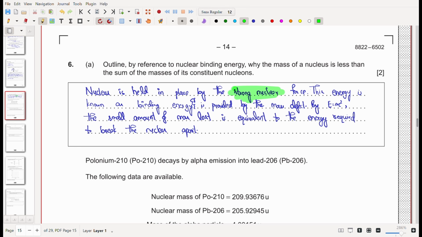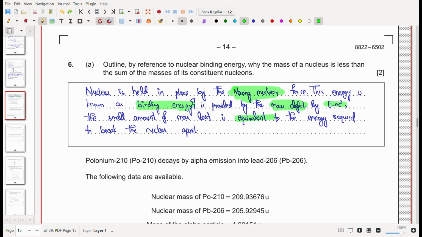Next, we are mentioning exactly what this is. It is called binding energy, and it's provided by what we call the mass defect. Now, the key point here is the equivalence of mass and energy, saying that the mass is different because of this binding energy. So, using this formula, E is equal to mc squared, the small amount of mass is lost, and that is equivalent to the energy required to break the nucleus apart.